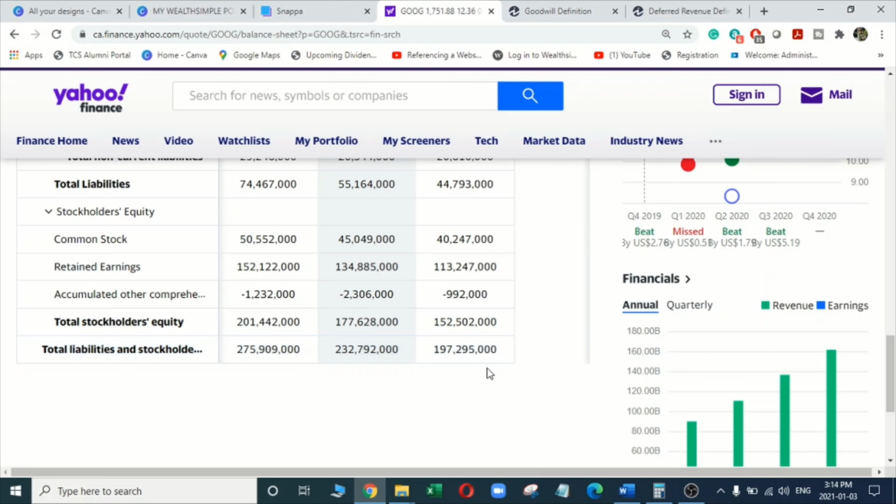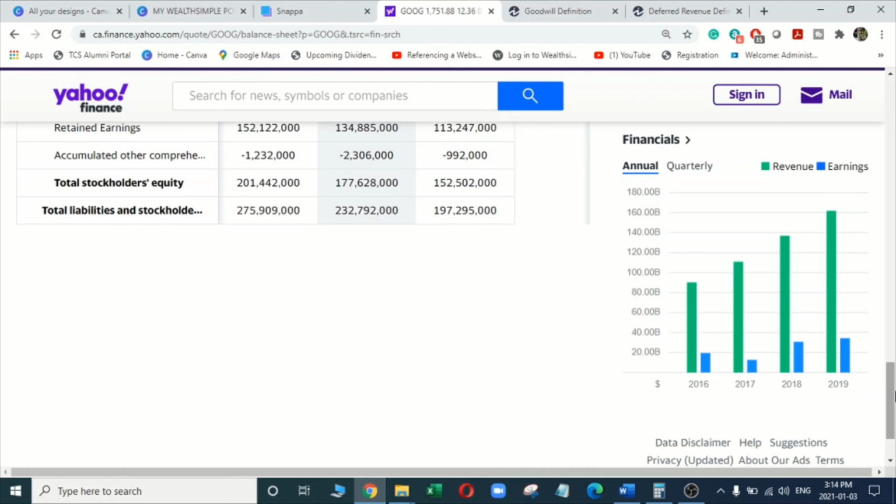As you can see, the total stock equity is also increasing in a very nice fashion on an annual basis, which is also good. That means the assets are more and the liabilities are less. If we come to the graph, we can see a nice upward trending graph, and the revenue and earnings are also increasing in a very nice fashion, right?